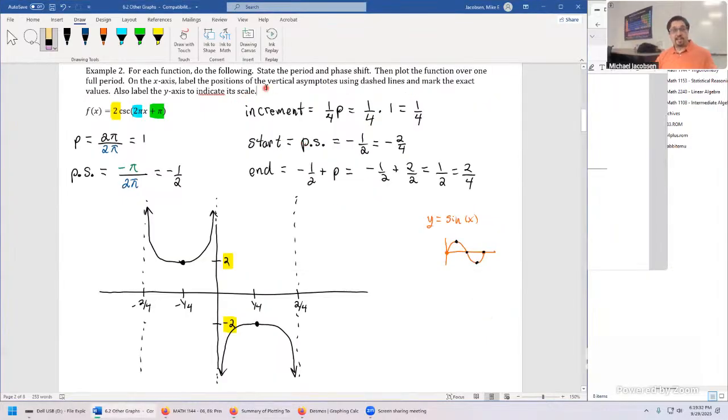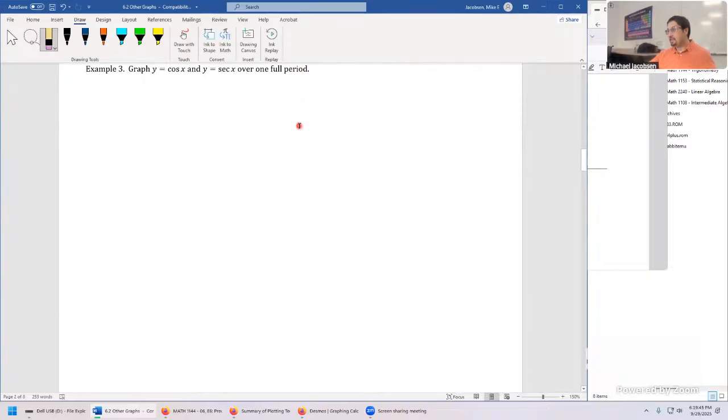To get a plot for secant, really we're just going to redo what we did in the notes and start by plotting cosine and see how it relates to secant. So here's kind of like the warm-up problem to that. We'll think of cosine in green, secant in blue.